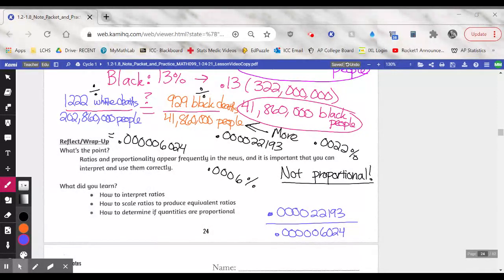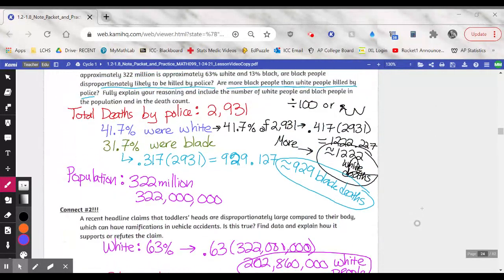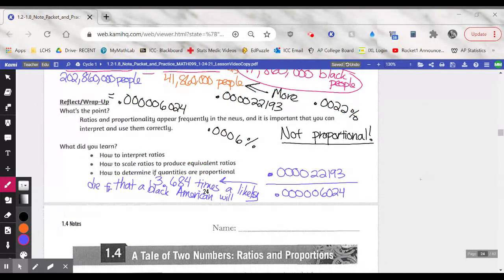And if we divide that, we get 3.684. So it's almost 4 times as likely that a Black American will die, and they worded it by police, than a white American.